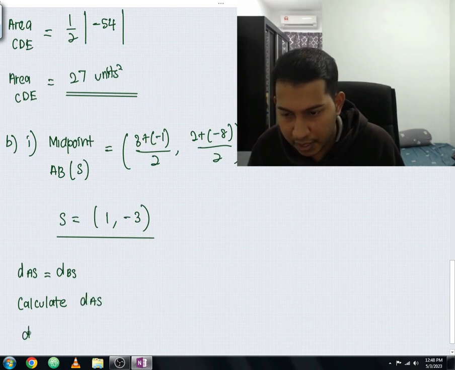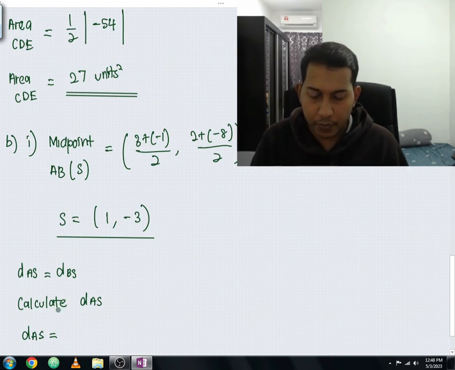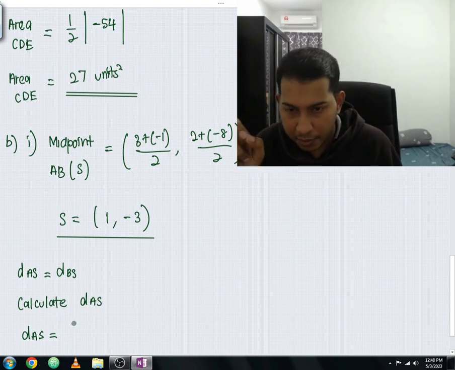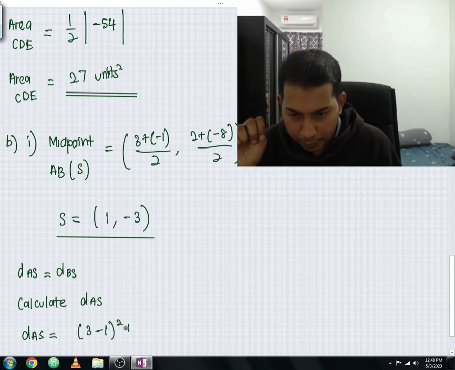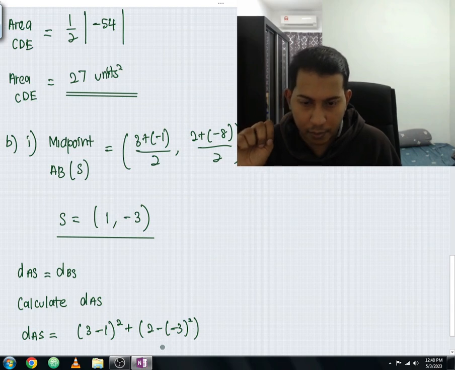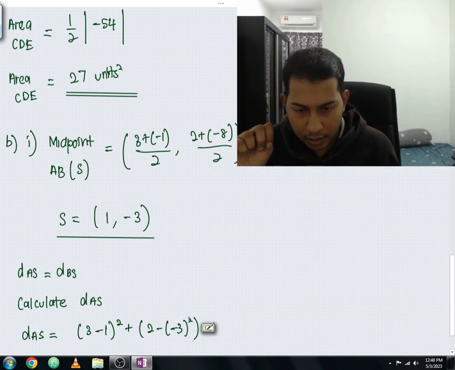To calculate the distance AS will be equal to the square root of (3 minus 1) squared plus (2 minus negative 3) squared.